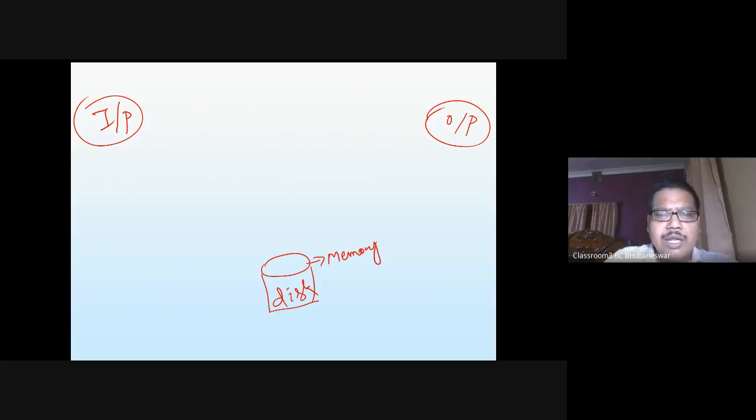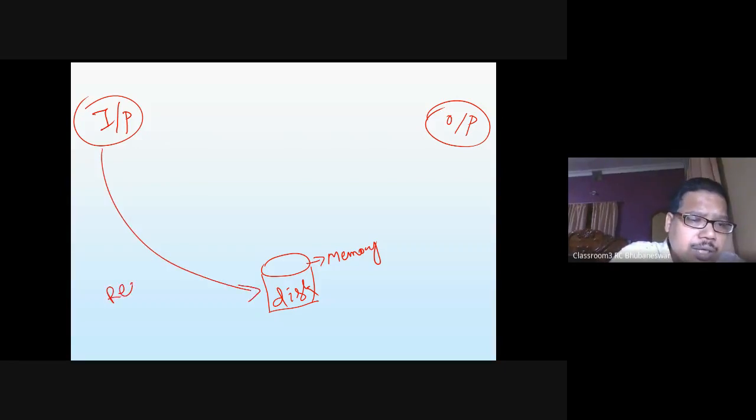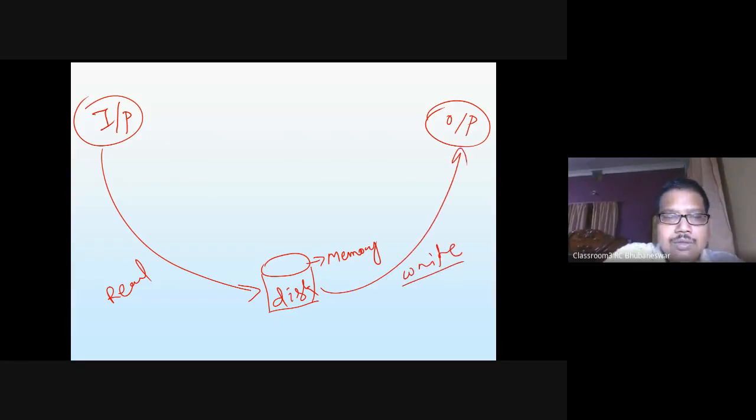So during the IO event, when it wants to read or write the data, we will require a controller. This controller does a job in between the input devices and the memory, and that is called the part of your DMA.